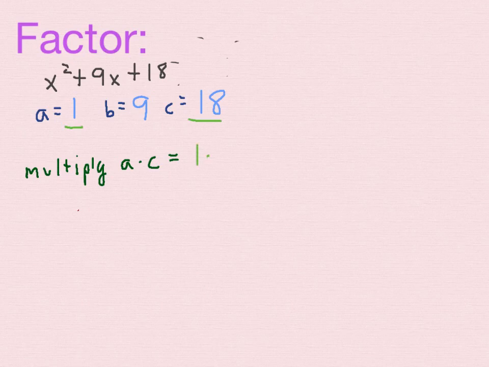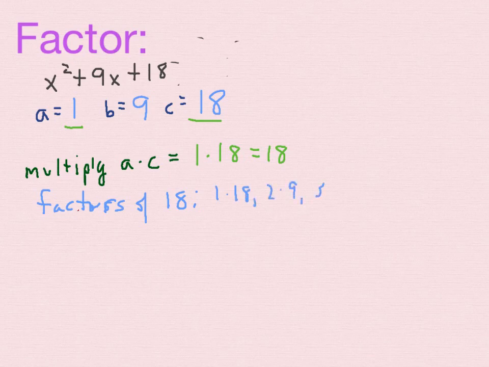So I'm going to take 1 times 18 to get 18. My next step is going to be to find factors of 18. So factors of 18 are going to be 1 times 18, 2 times 9, and 3 times 6.